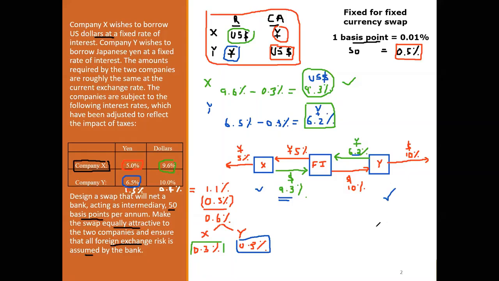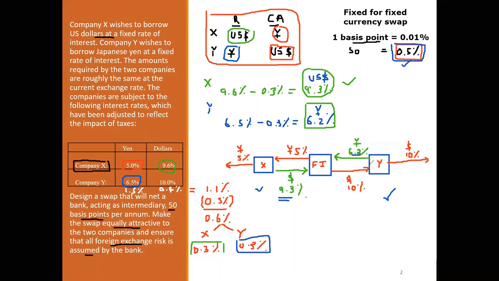Yes, so now let's look at what has happened to the financial intermediary, because we know the financial intermediary should get a return of 0.5%. So if you look at the net impact to the financial intermediary, you will observe that the net return is in fact 0.5%.